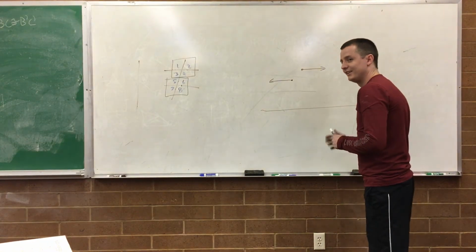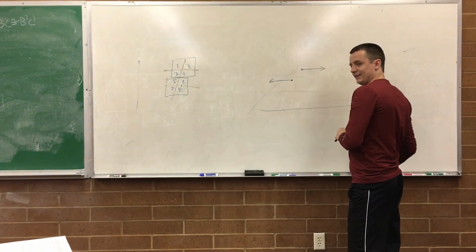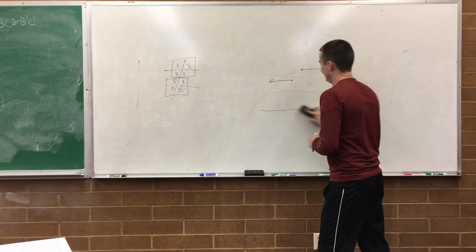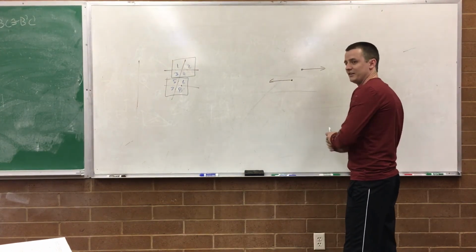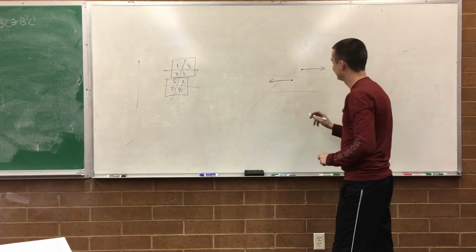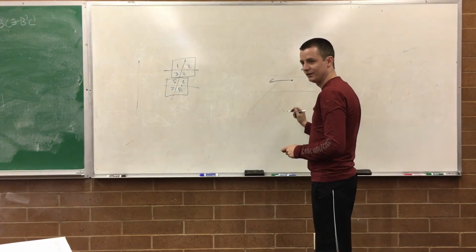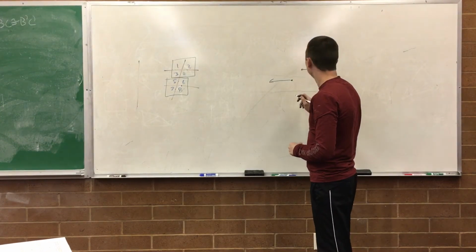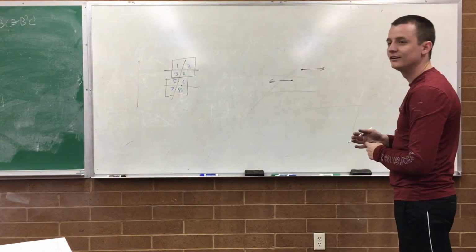It's the line through 2 points. What are the 2 points you see up there?